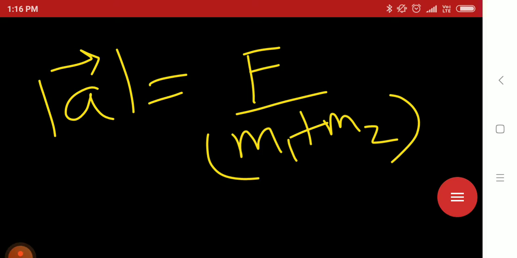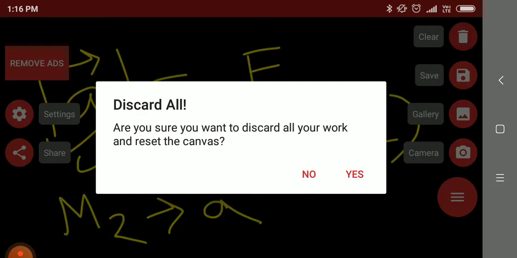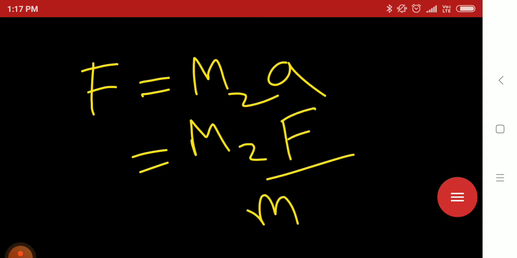Always keep in mind that I have to find the force of contact between M1 and M2. As the common acceleration is A, the M2 mass also moves with acceleration A. So the force acting on the M2 mass will be M2 into A, and for A we have got F by M1 plus M2.